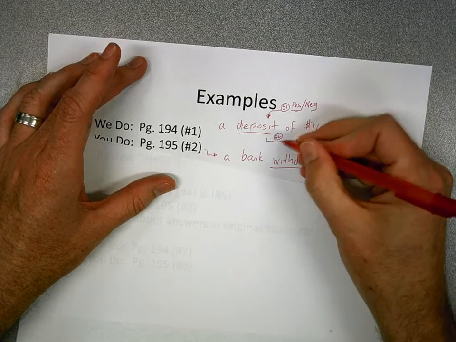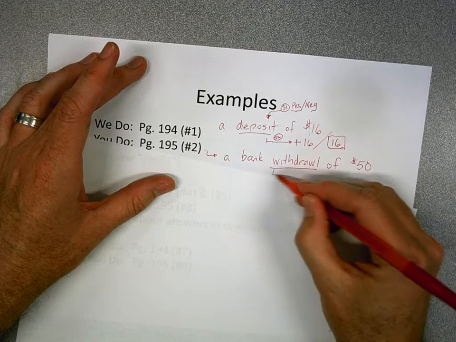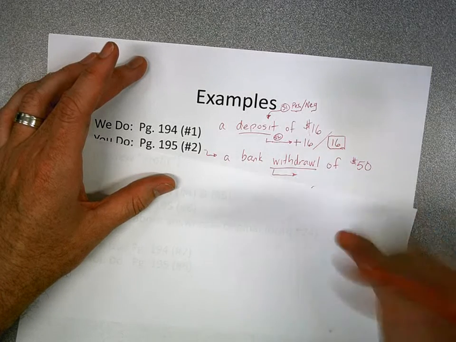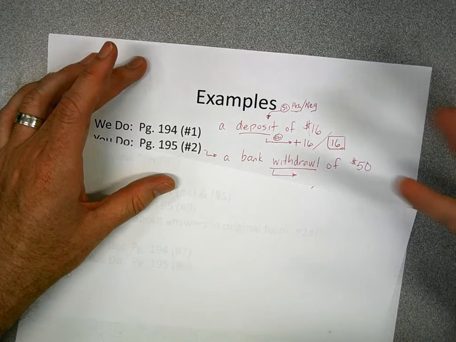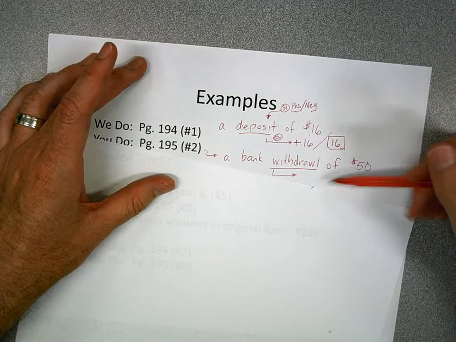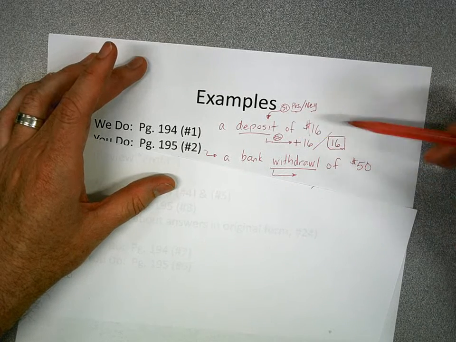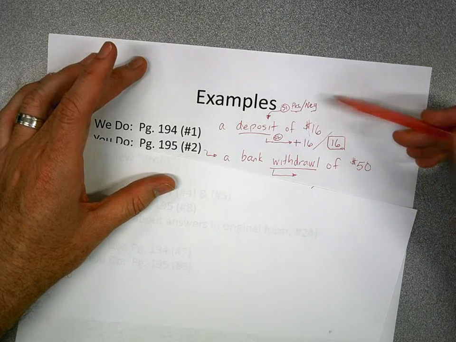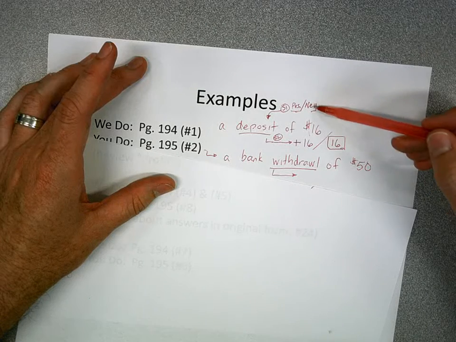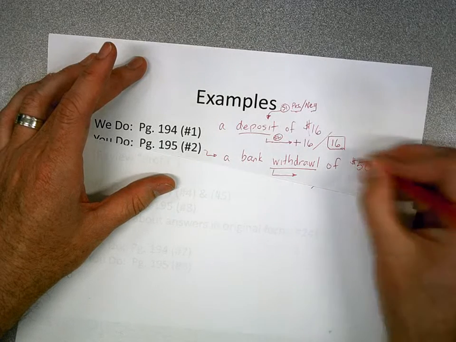So in this case, step 2 is to find out, is it positive or negative? Your account is going to be going down. It has the opposite effect of a deposit, right? So that would give us a negative. All I need to do is write my negative.